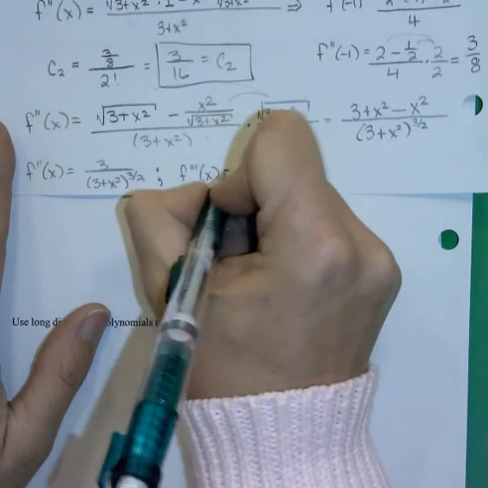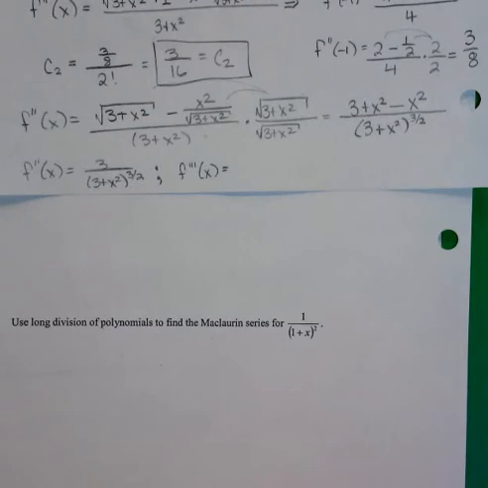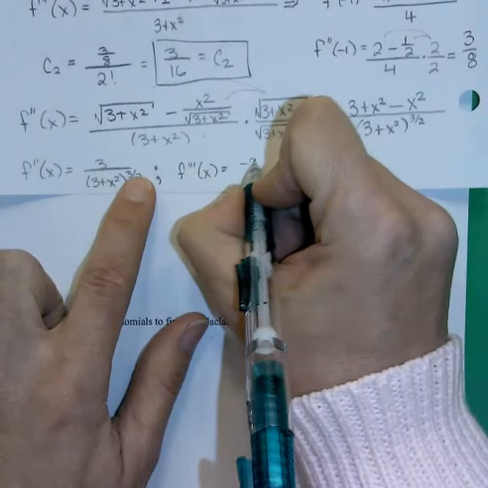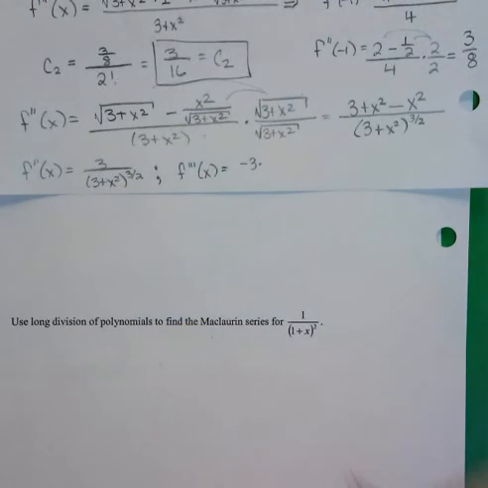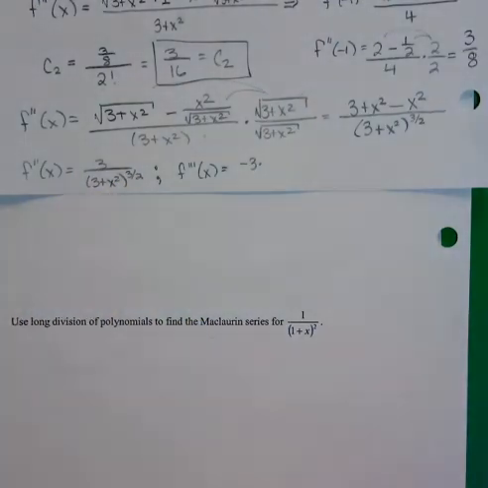So we do the bottom times the derivative of the top, but the derivative of the top is 0. So minus the top times the derivative of the bottom. You could also write this as 3 times 3 plus x squared to the negative 3 halves and use the chain rule. That's probably the easier way to do it, but just since I used the quotient rule before, I'll use it again.